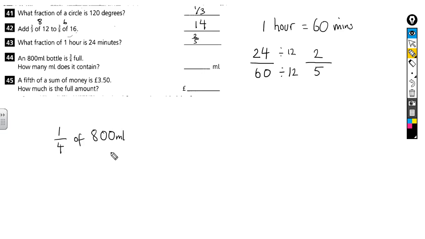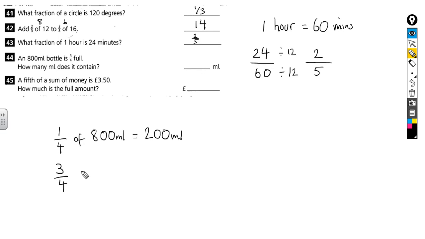Well, I need to divide the 800 by 4. So how many 4s go into 8? Well, that's 2. So 1/4 equals 200 milliliters in this case. And I'm asked what 3/4 is, and that would be 3 times 1/4.